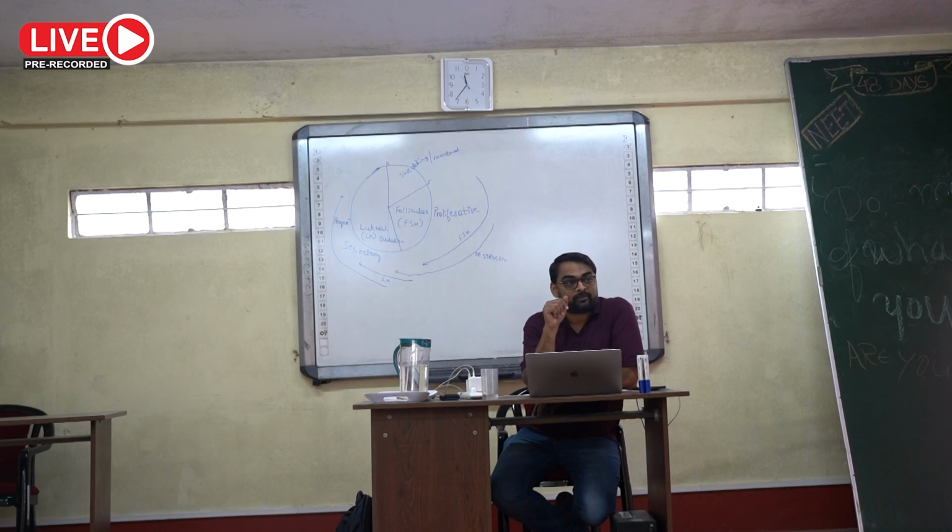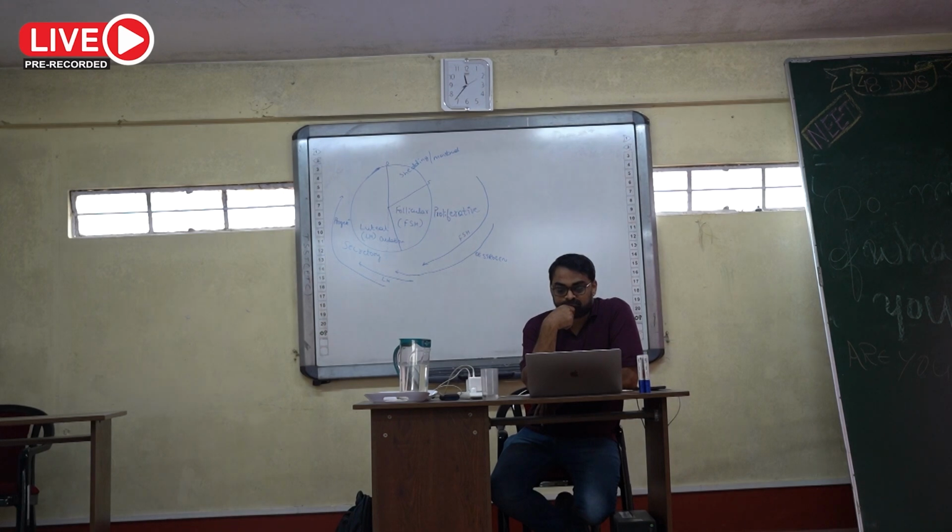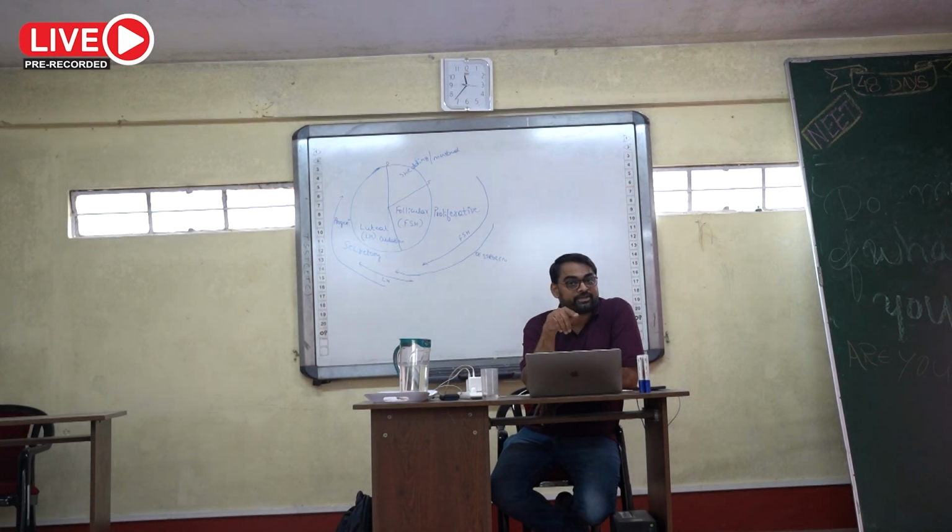Which of these four is done naturally? The same four options, which of these four is done naturally? And who is the one who does that? Among the four options given, one of them is a natural defense against virus.